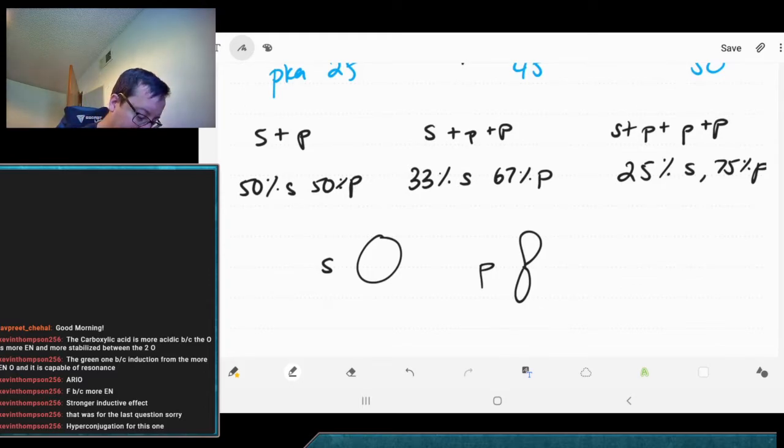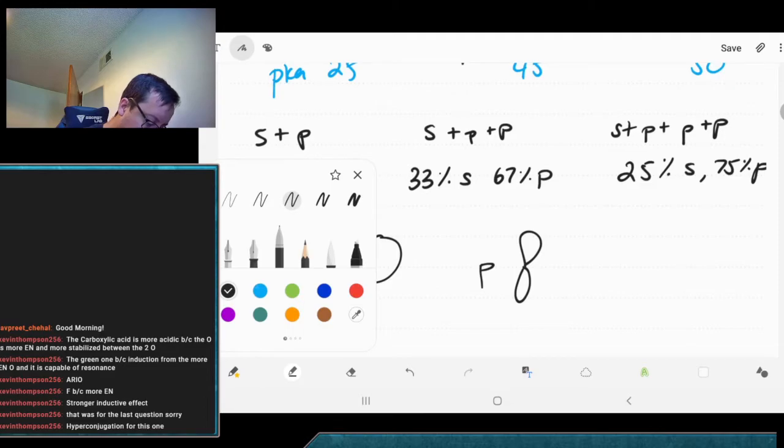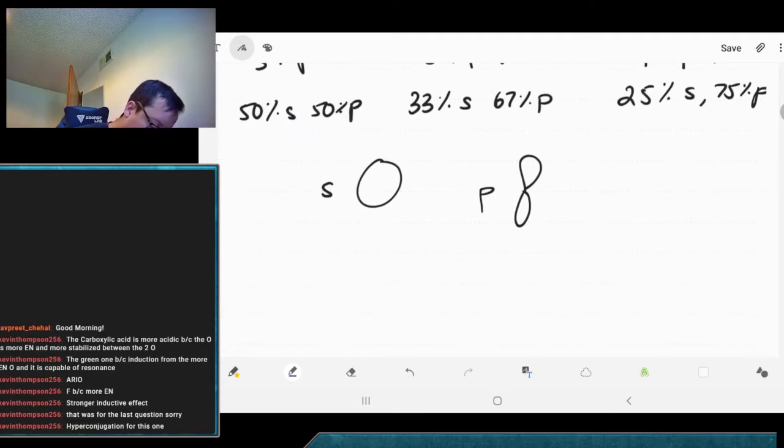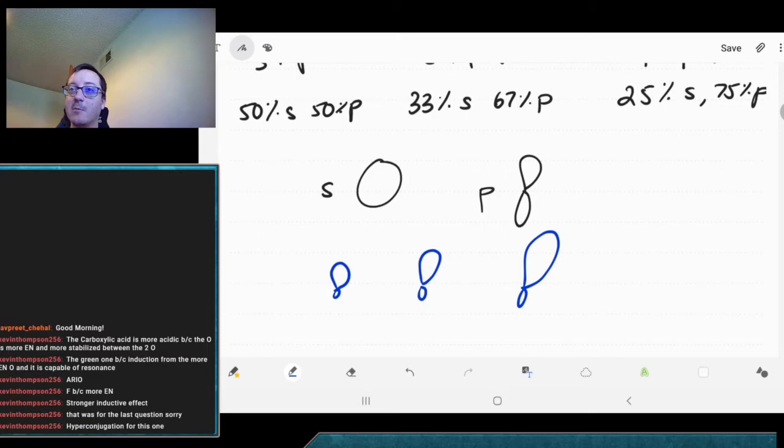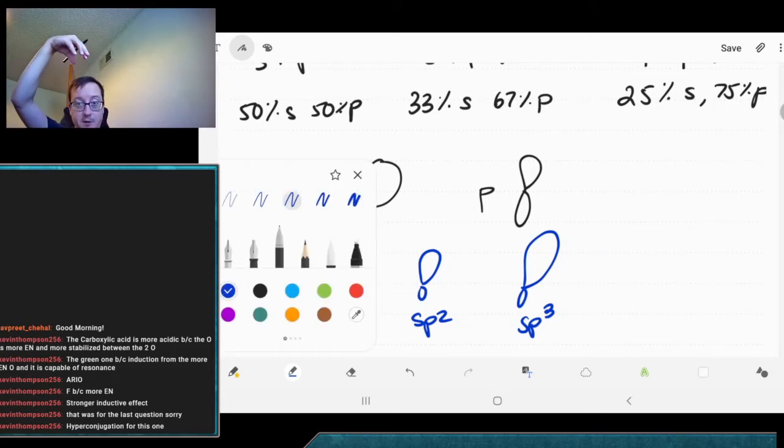If we want to look at the hybrid orbitals, exaggerating a bit here, the more p character we have, we see these orbitals get longer and longer, because the p orbitals are vertically more distended than the s orbitals, which are spherical.